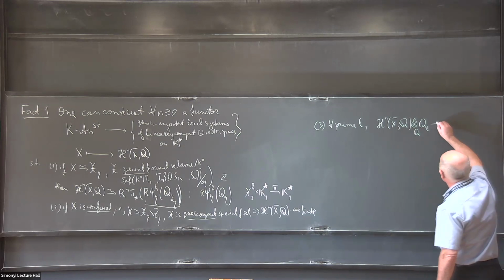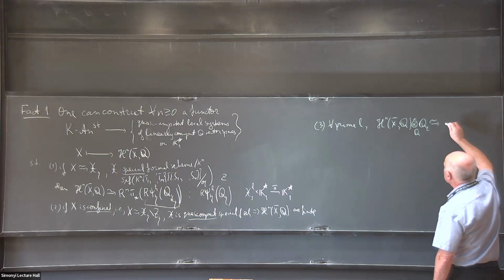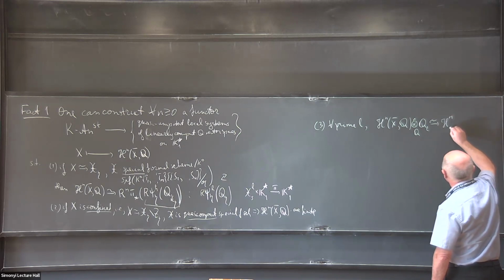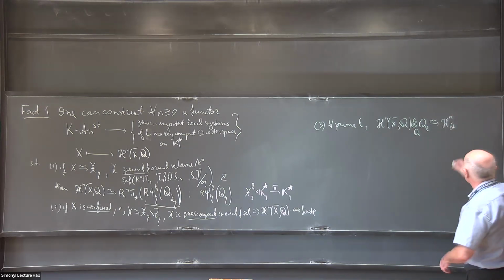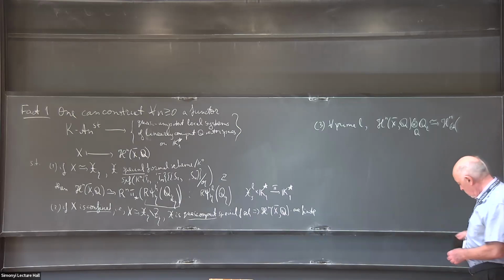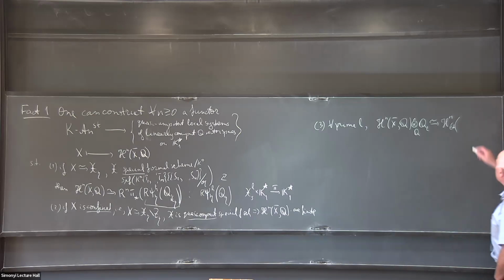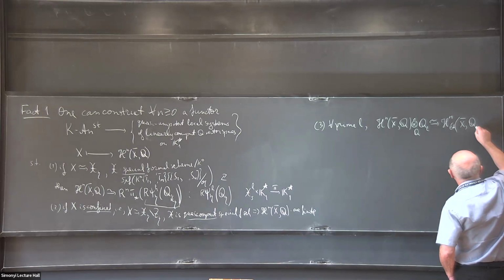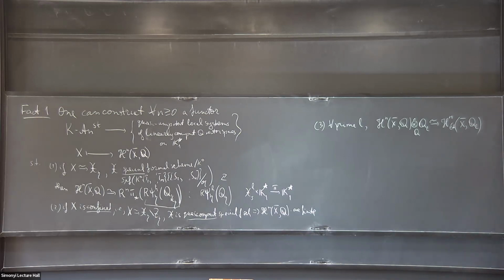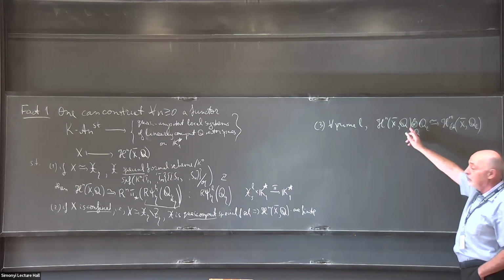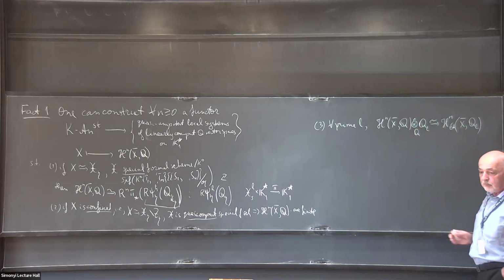So it is canonically isomorphic to... okay, and so the property tells that one gets from this rational homology group the l-adic homology group.